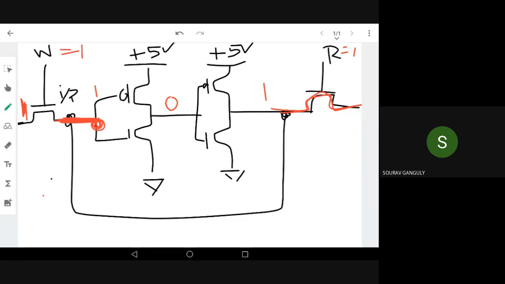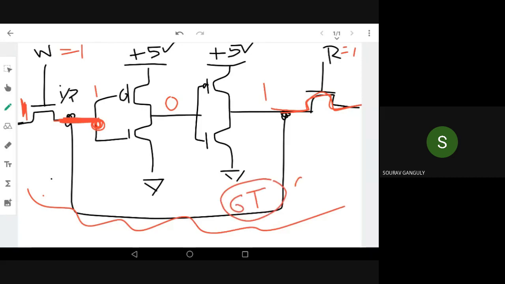That is why an SRAM cell has 6 transistors, called a 6T cell. So you need 6 transistors for each bit, which means the size of the SRAM is very large, and definitely a large memory will be costly. If you want high speed memory, we need to use SRAM, because it is purely sequential logic, and only a few gates are required.